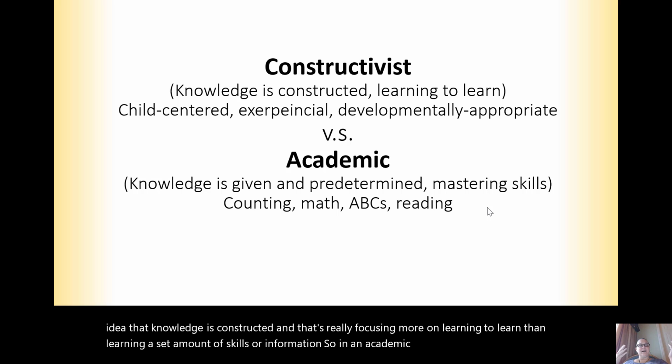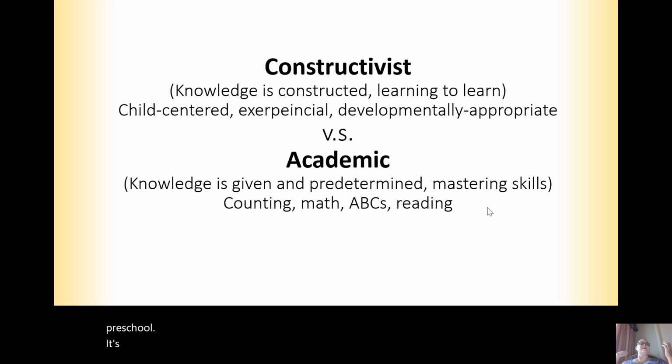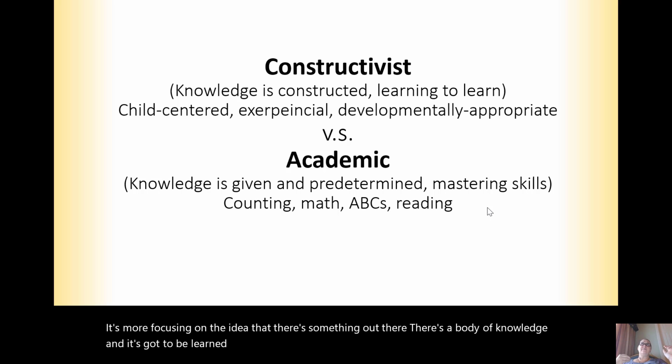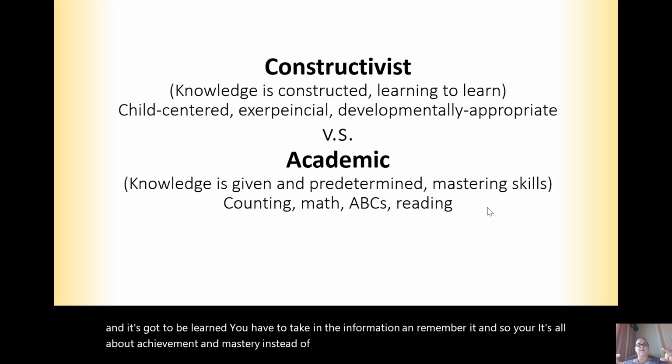In an academically minded preschool, it's more focusing on the idea that there's a body of knowledge out there, and it's got to be learned. You have to take in the information and remember it. And so it's all about achievement and mastery instead of the process of learning.